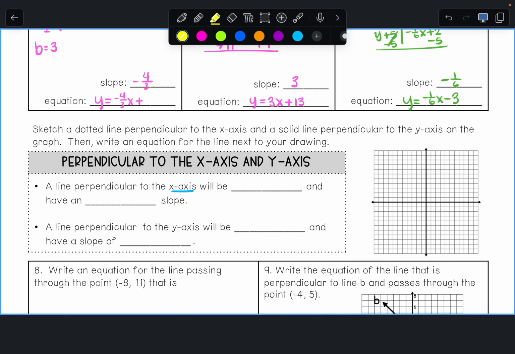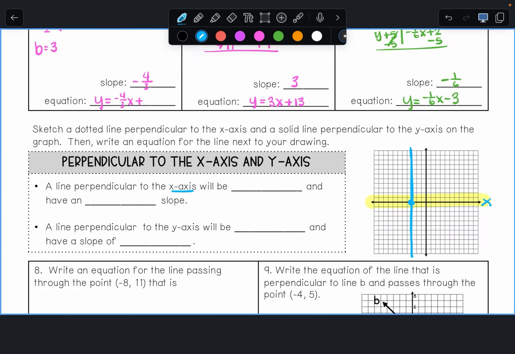We know the x-axis is which one? The one that goes left to right. And it's the horizontal, right? So if we graph one that's perpendicular to it, it has to be vertical. Remember, they cross at a perfect intersection.